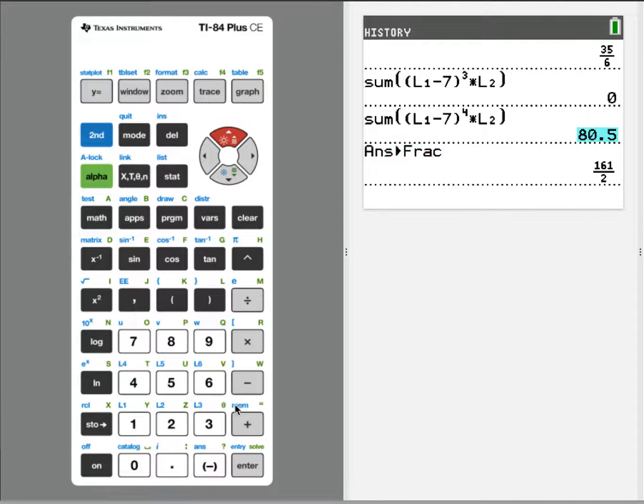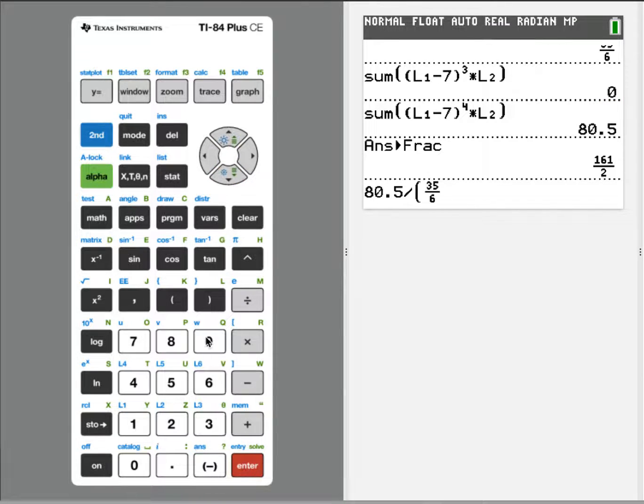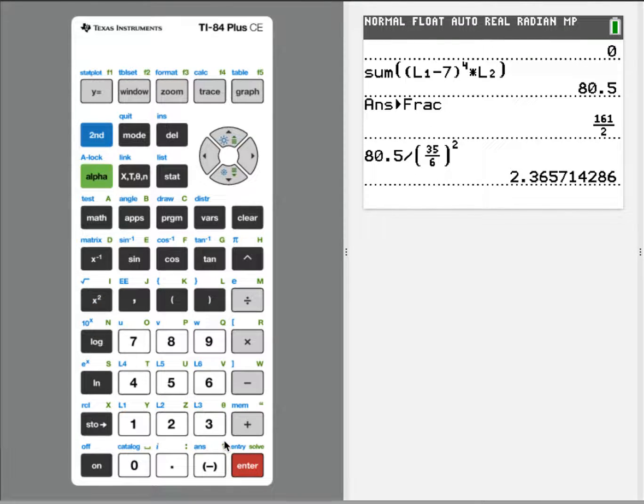And then the kurtosis is equal to the fourth central moment divided by the square of the variance.